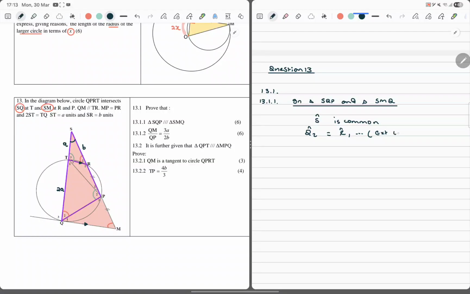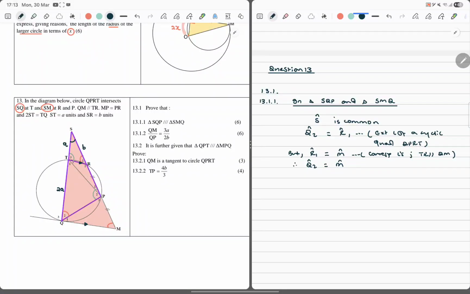This is the exterior angle of a cyclic quad. We can even name it, say this is QPRT. But we know that R1 is equal to angle M. What is this? These are corresponding angles with TR parallel to QM. So therefore, Q2 is equal to M.